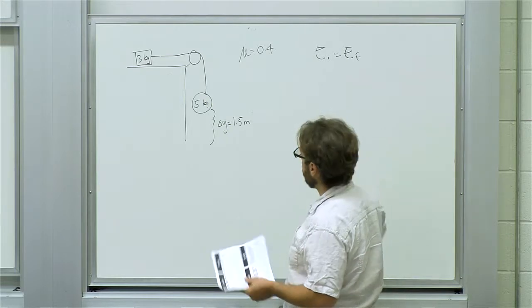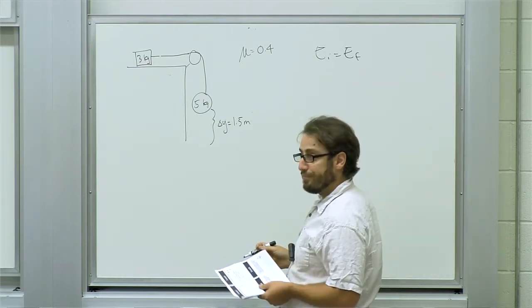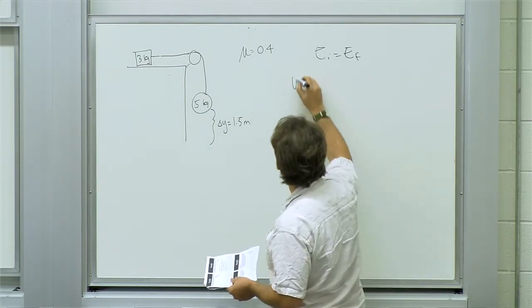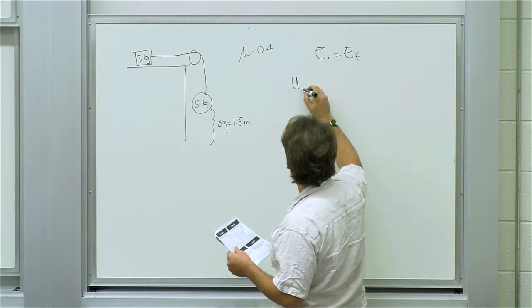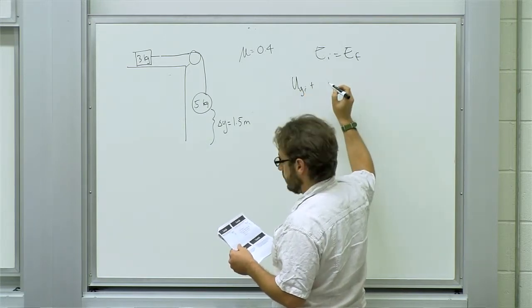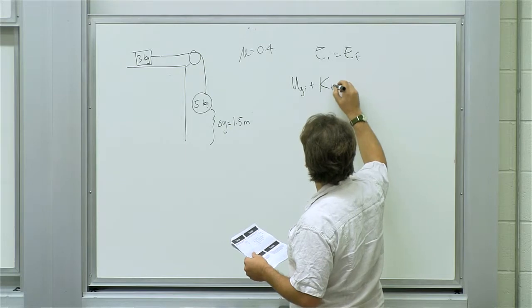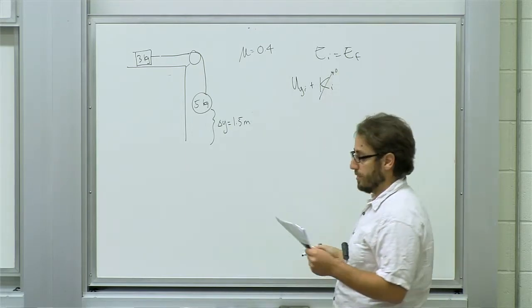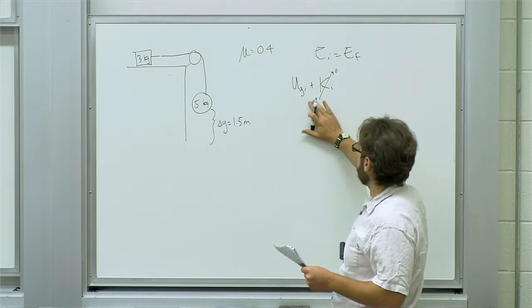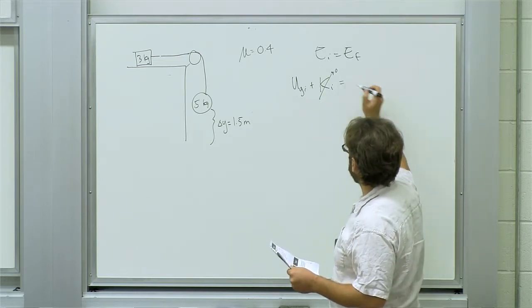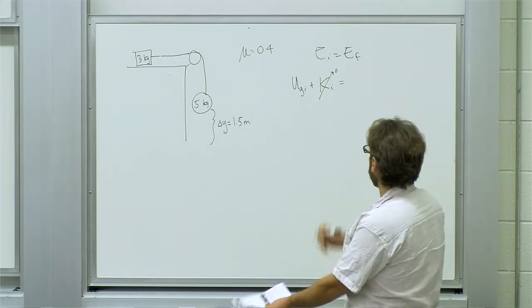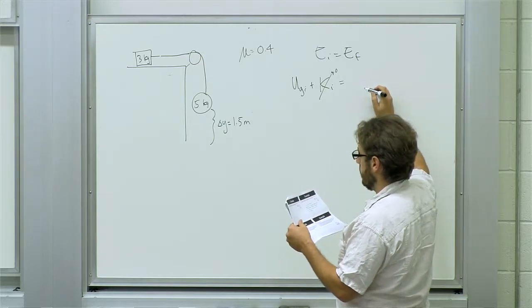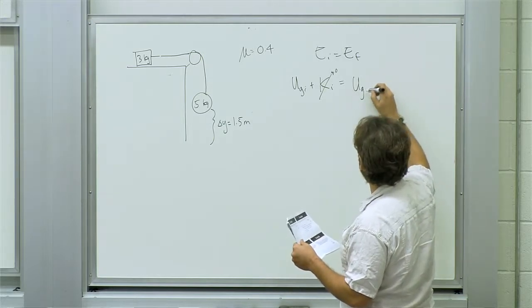Okay, and so what terms do we have in the initial energy? Gravity, right? And we know the initial kinetic energy is 0 because everything starts at rest. So the only thing we have in the initial state is gravitational potential energy. Then that gets turned into other gravitational potential energy.